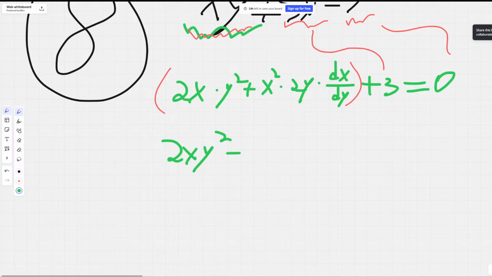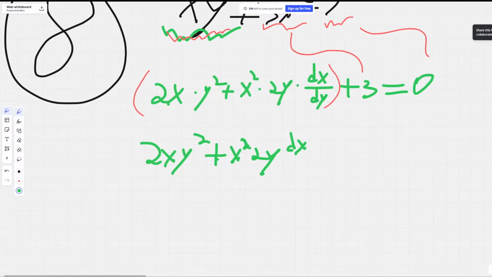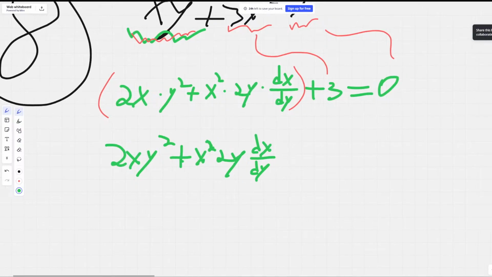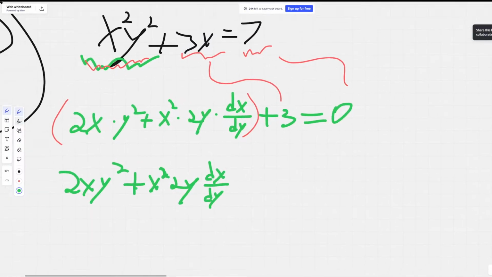2xy squared plus x squared 2y dx over dy. I said I was going to do it a little differently. I'm a liar. Made a liar of myself. I can fix that.